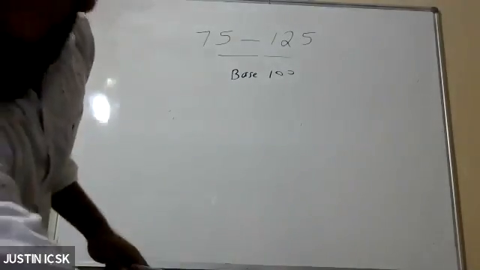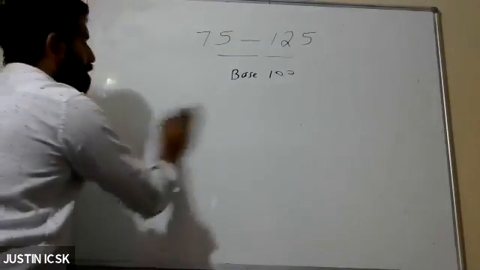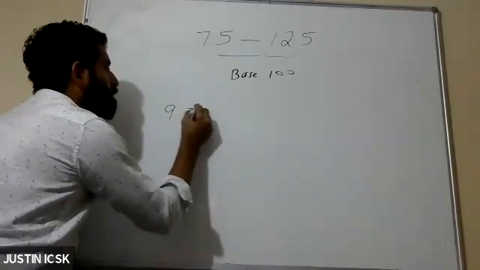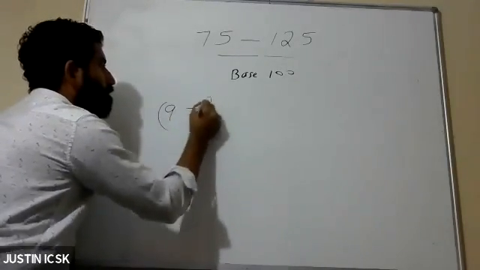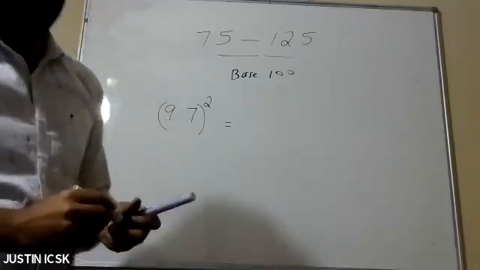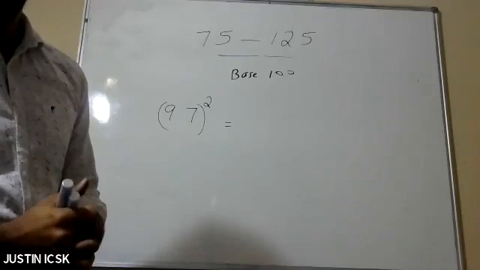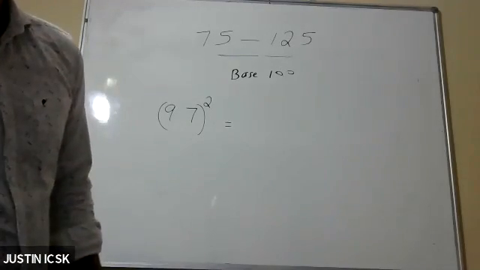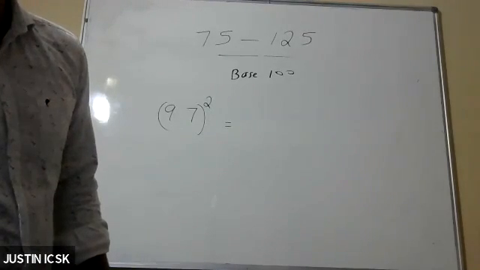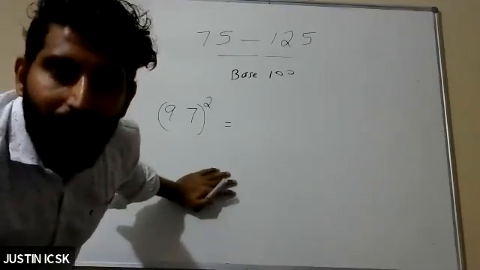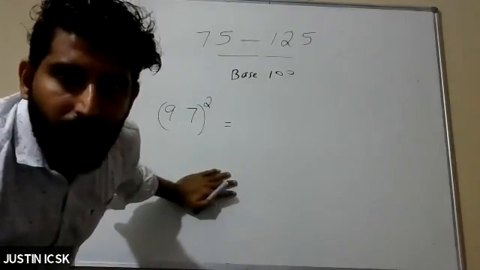I'll give one question. 97 square. It is 100 minus 3, right?